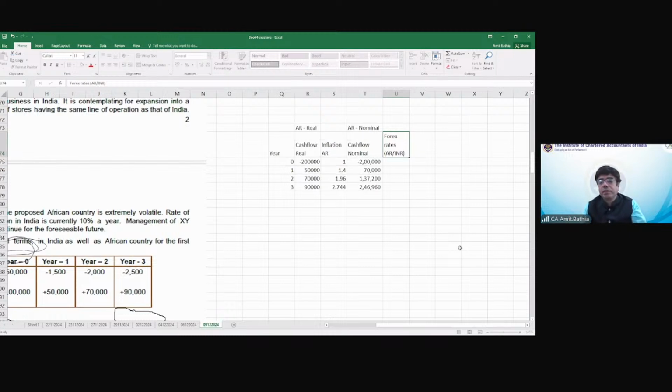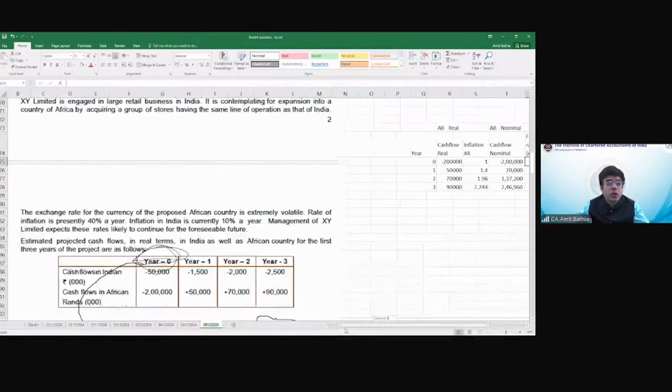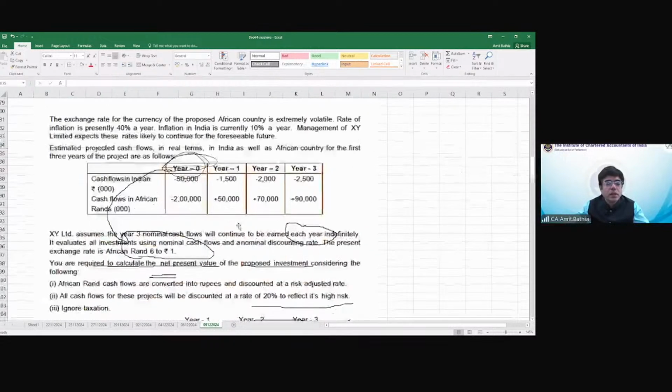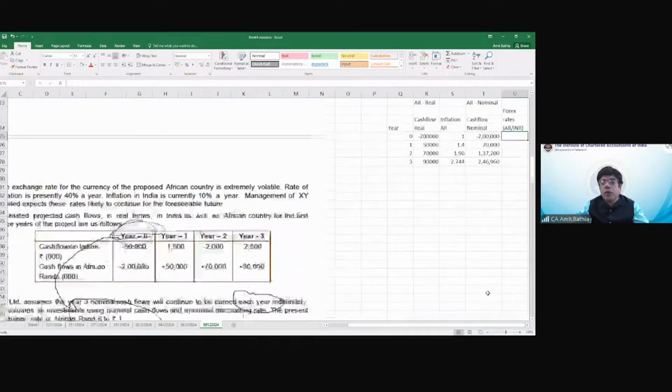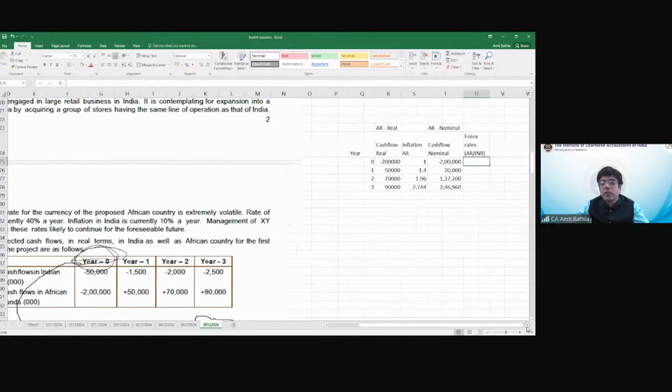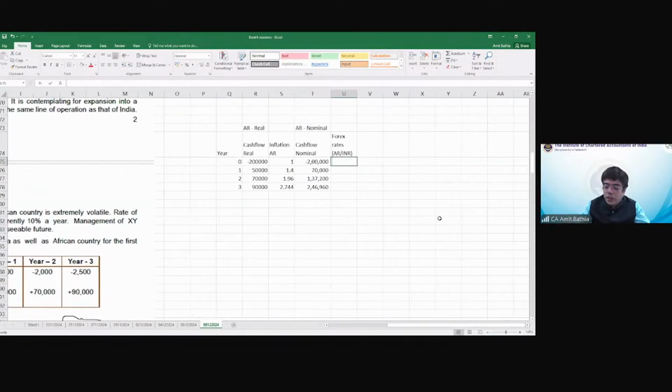How do I know this? Check out the question. You are told, African rand 6 to 1, so it is 6 upon 1. So this is African rand is 6. Let me take it till 3 decimal points.